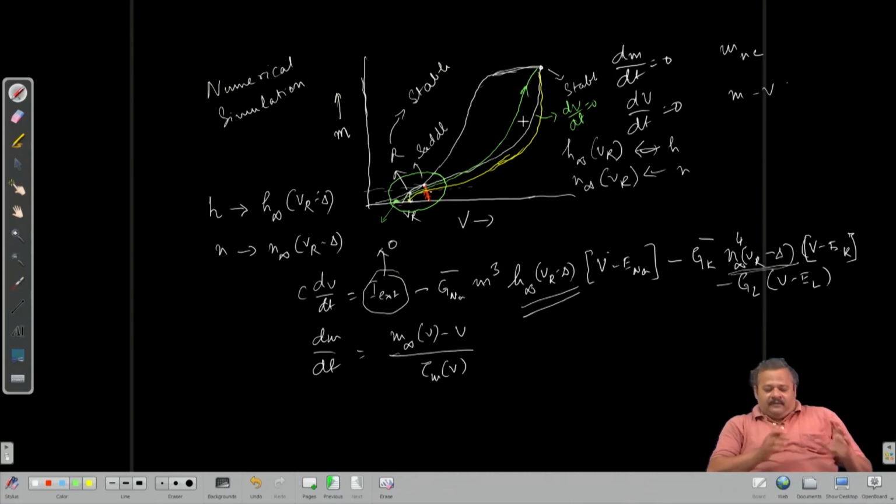So, we have qualitatively explained the anode break excitation with the help of the Hodgkin-Huxley system of equations. With the phase plane analysis of a VM reduced system, we can show the anode break excitation and the reason behind it.